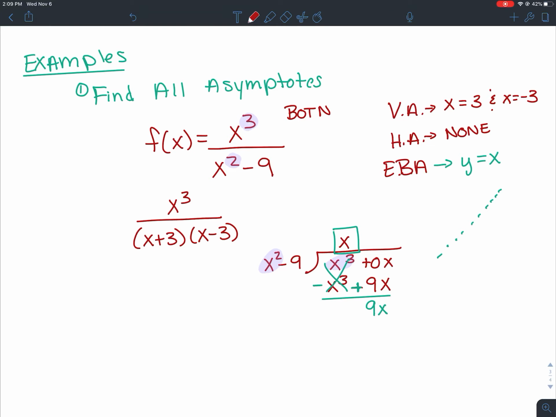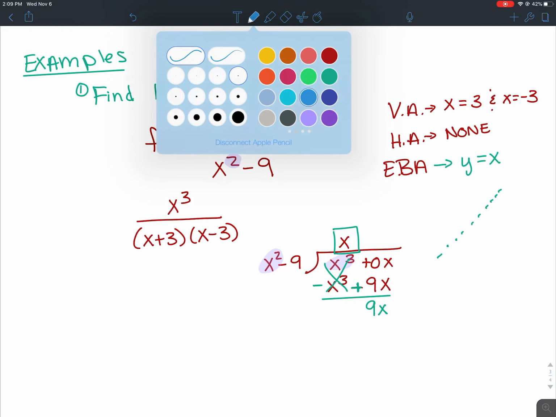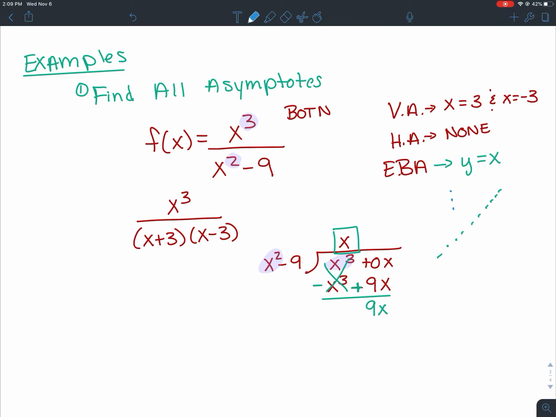I know I have 2 vertical asymptotes here at 3 and at negative 3. So this one's going to be a funky looking graph, so we have to figure out what is happening. If you didn't have a calculator, you can kind of guess what's happening.